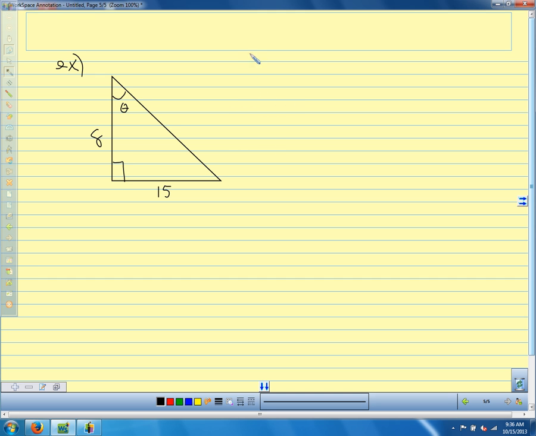And the problem says find the exact value of all 6 trig functions for theta.